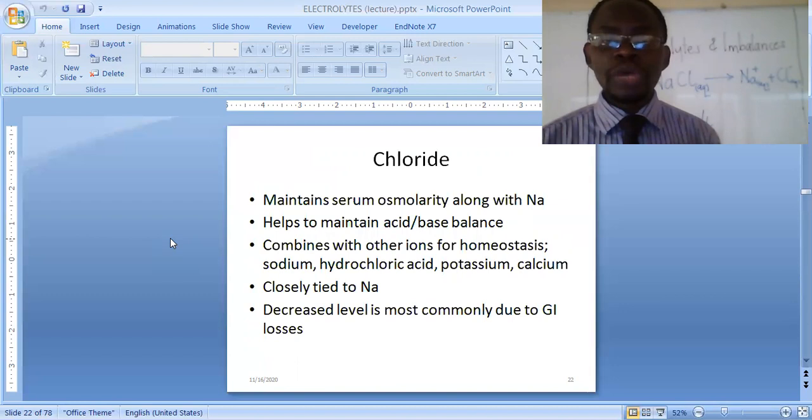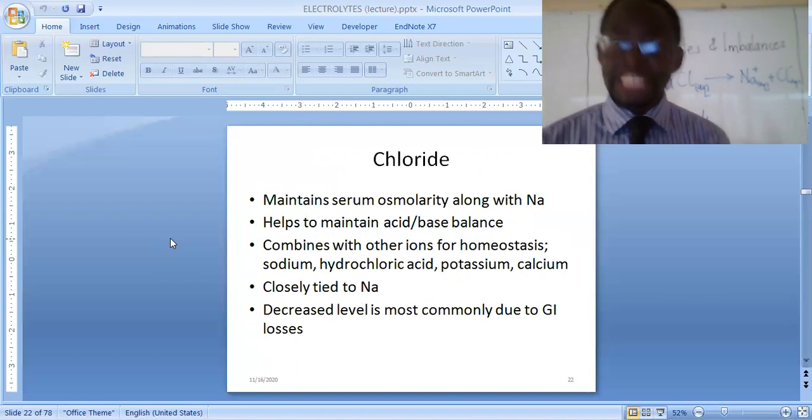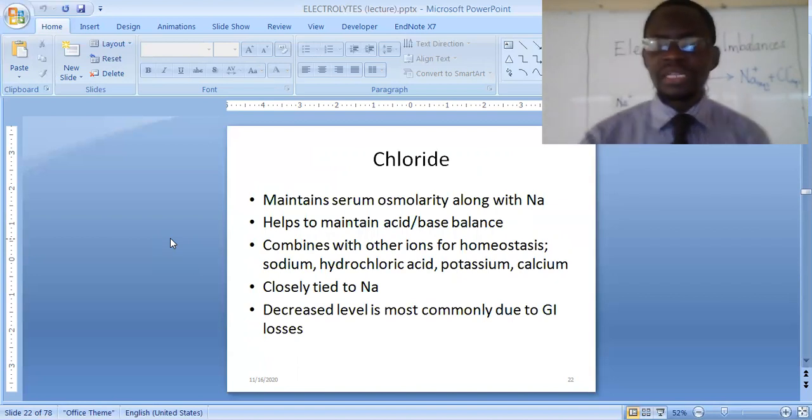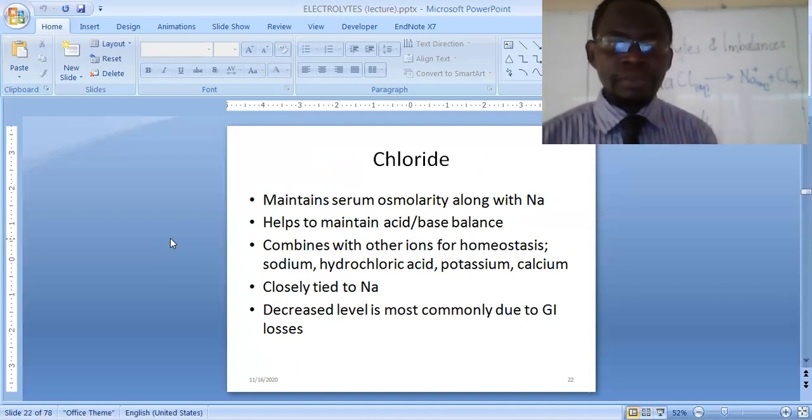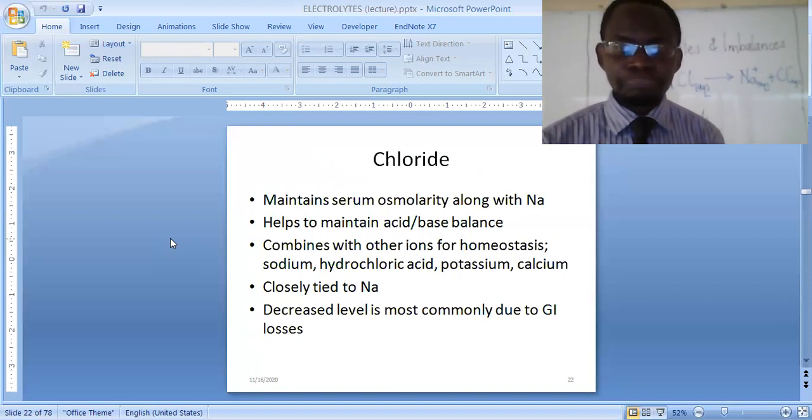Chloride also helps in what we call the acid-base balance. We shall see what this means. It also combines with other ions, for example hydrogen to form hydrochloric acid, or potassium or even calcium where need be. And it is usually closely tied to sodium.